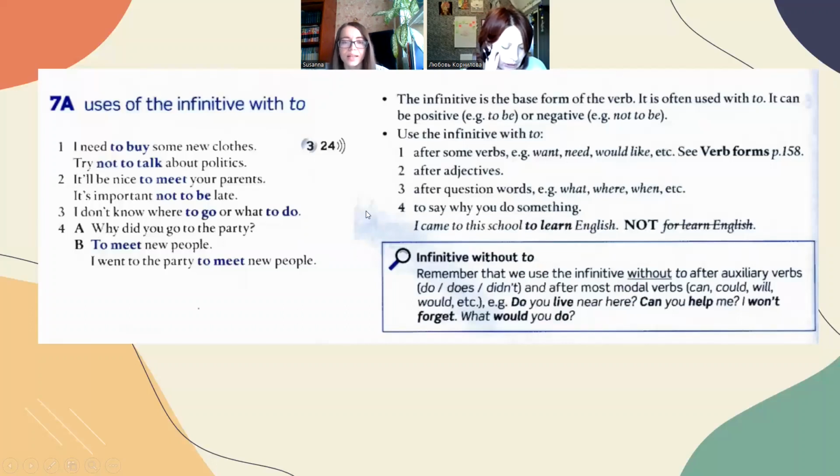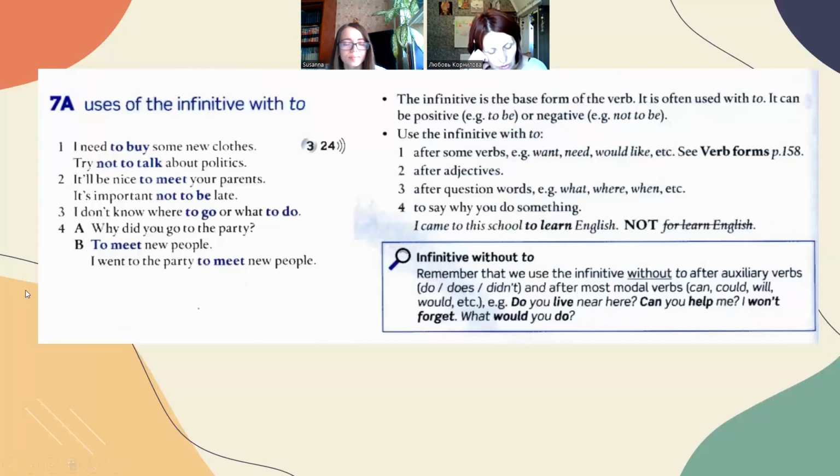Okay. And rule number 4, we use the infinitive with to say why you do something. So we say the reason why we do something. And example number 4, a short dialogue between A and B. Can you read, please? Why did you go to the party? To meet new people.